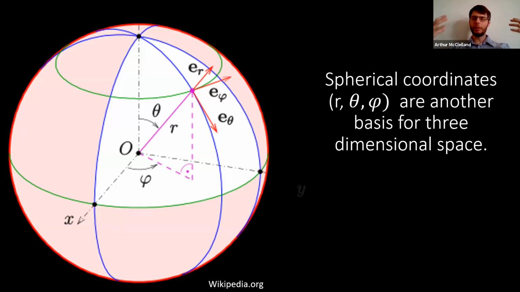We have three orthogonal vectors. It's a different basis set to describe this space. And you want to describe the space with a basis set that makes sense for the data you're trying to describe. So sometimes we work in spherical coordinates because it describes the data that we're working with much better than the Cartesian XYZ coordinates.